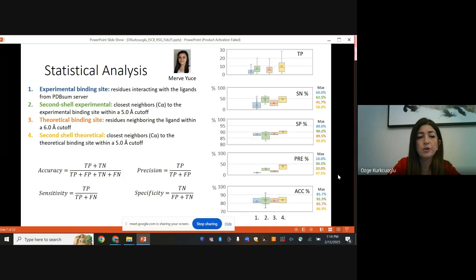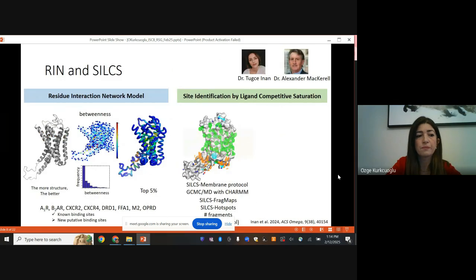So at the end, we concluded that the residue interaction network successfully predicts the binding sites of the investigated GPCRs. On the other hand, the residue interaction network model predicted other sites that can be considered as allosteric sites. Among the 18 GPCRs included in the statistical analysis, we concentrated on 8 of them to assess the druggability of the predicted sites using the site identification by ligand competitive saturation, or in brief, SILCS.